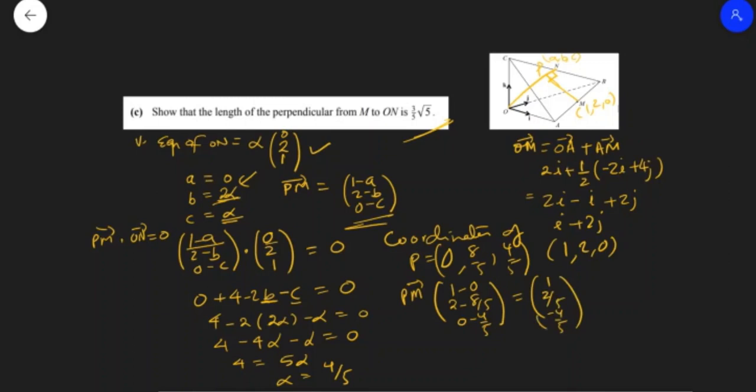And let's find the magnitude of PM, which is the perpendicular distance between ON and point M, equal to square root of 1 square plus 2 over 5 square plus minus 4 over 5 square.